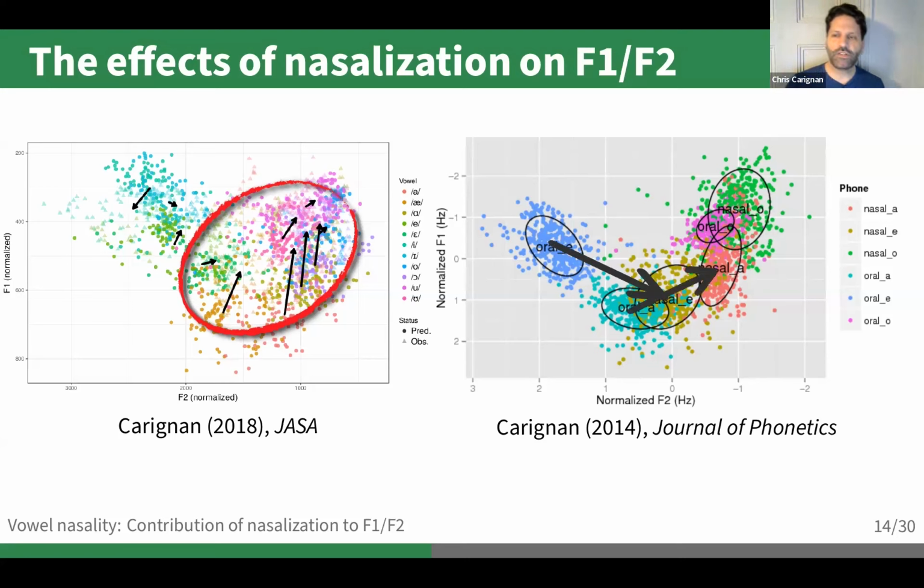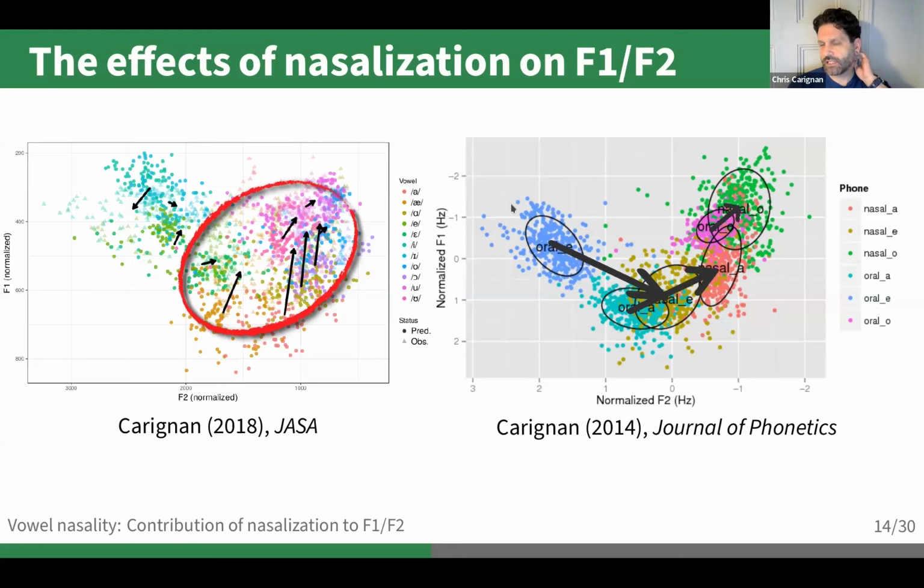But what's really interesting about this is that especially this part of the vowel space, where it's these non-high, non-front vowels, this looks very similar to the acoustic effect of velum lowering.